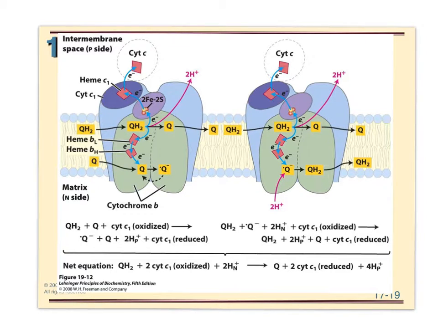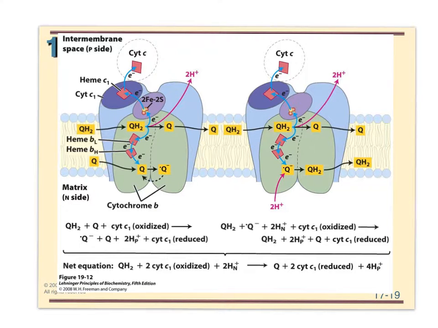So let me explain. I'm serious, it took me forever to figure this out. Yeah, this is semiquinone. That means it has accepted one electron and technically one proton. This would be the oxidized, which lost the electrons. This is fully reduced, where it's gained both electrons from either complex 2 or complex 1.